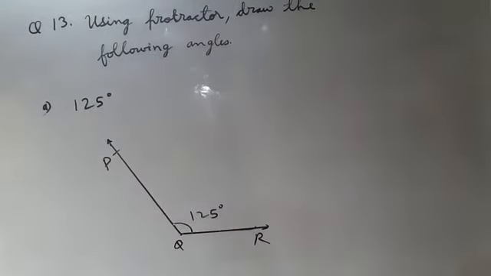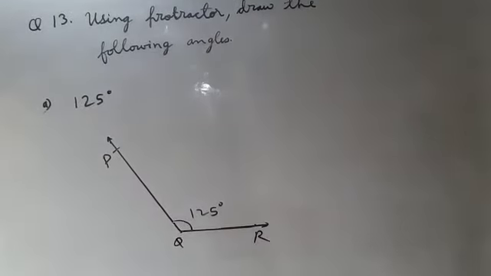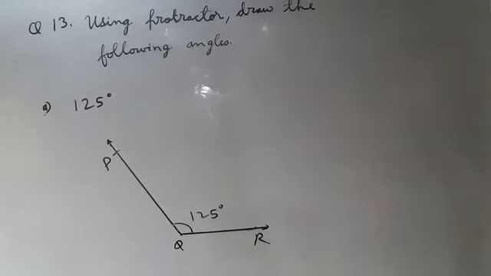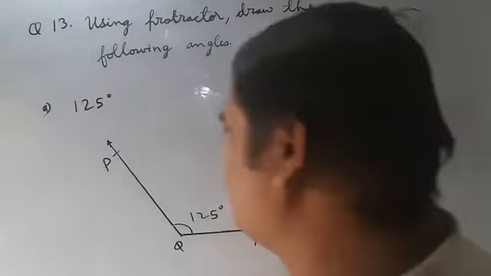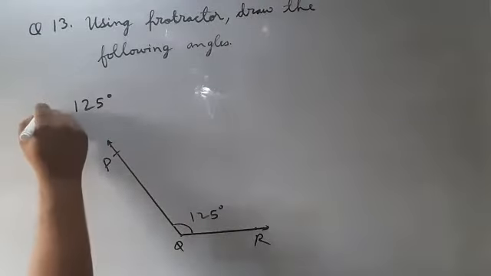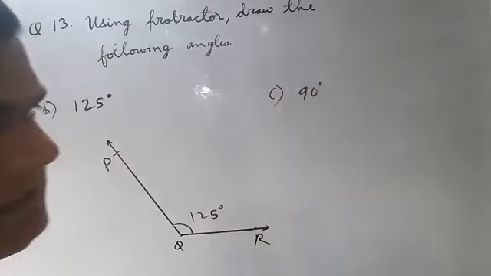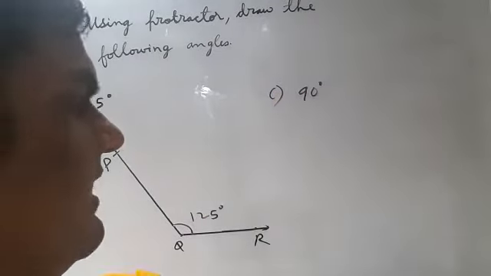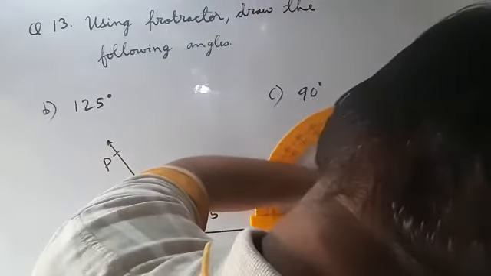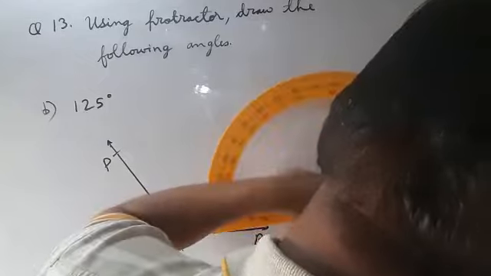Now, 125 degree we got, then 25 degrees will be an acute angle. Now one more concept, that is 90 degrees. This was B1, then C1 is 90 degrees. Just draw a baseline.